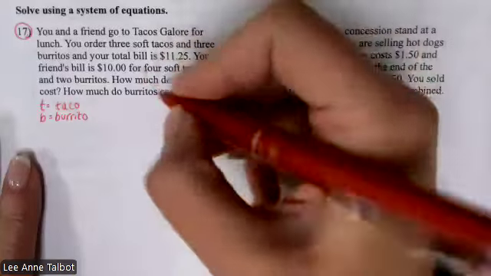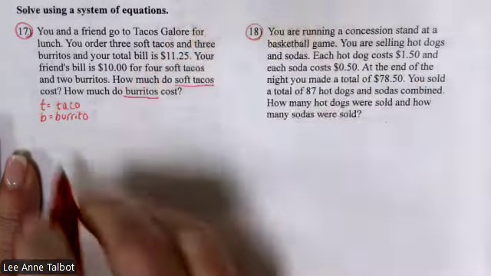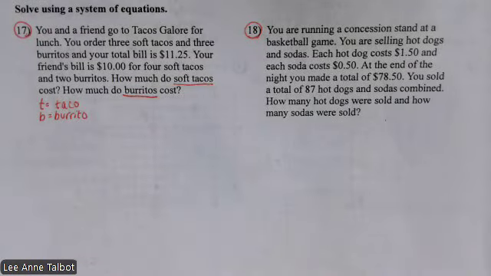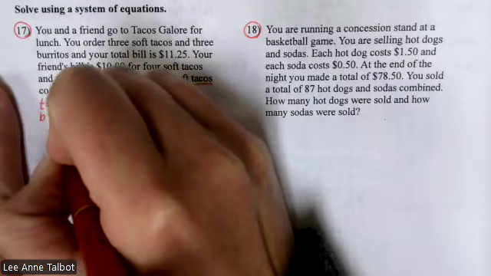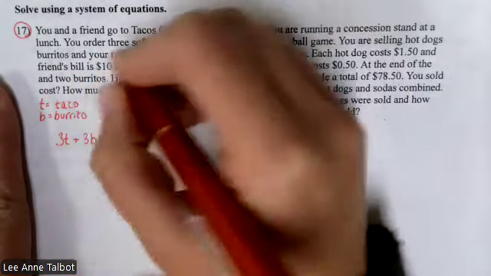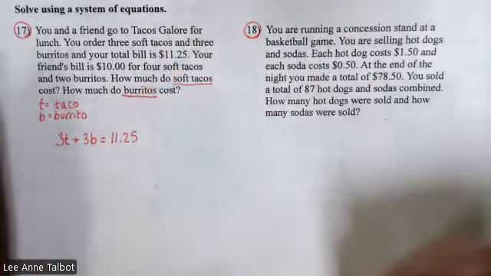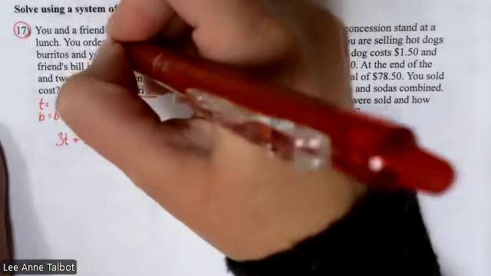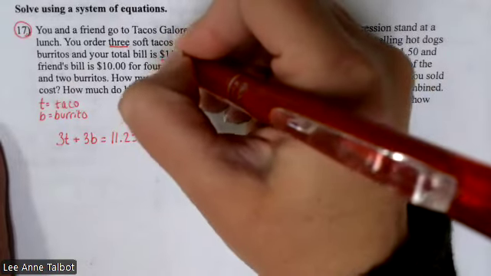Okay, so what I did was I took the two things they were asking for and I assigned those letters. I don't like to use S because it looks like a 5. It's just my thing. So here's three tacos, three burritos, $11.25.